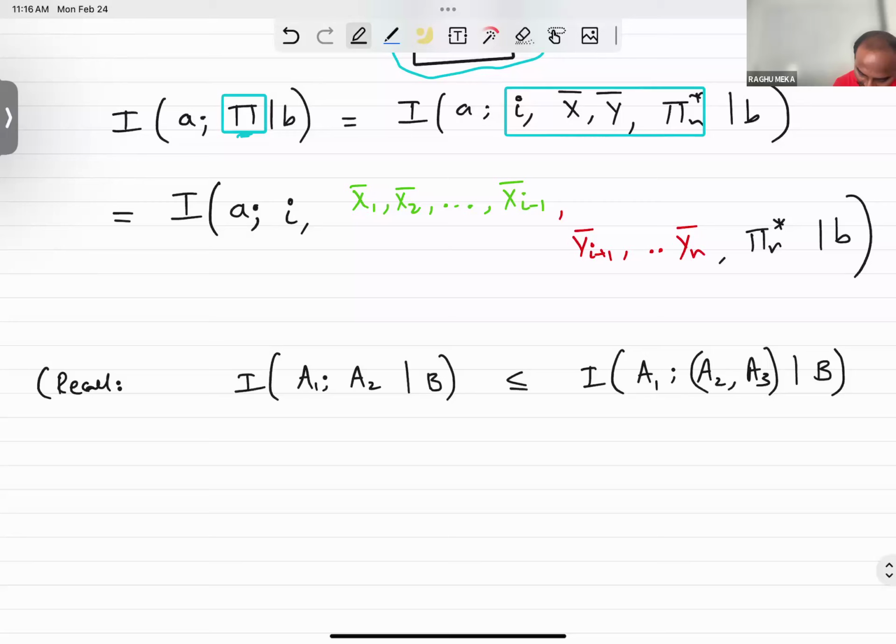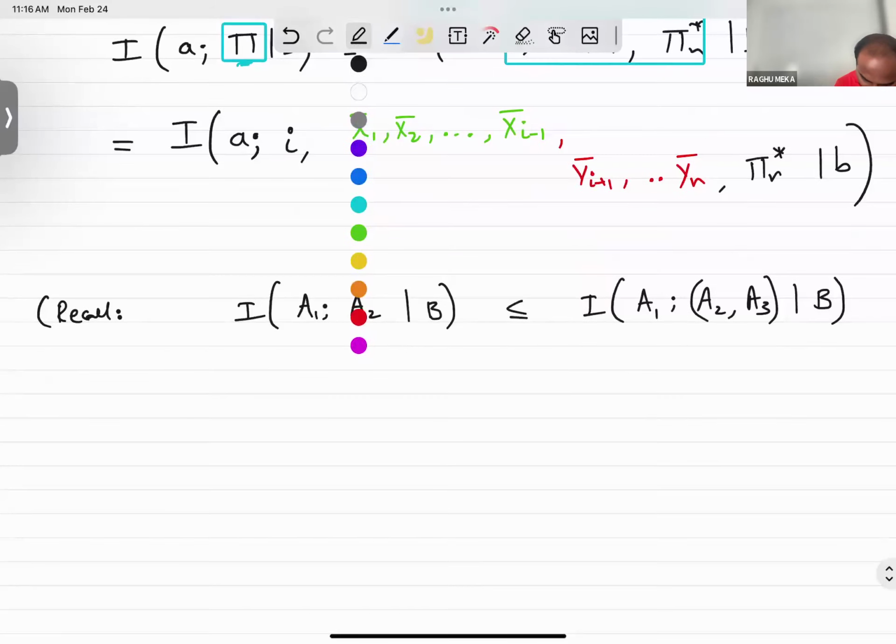So I'm adding more stuff. So what does this mean? In particular, we get this is less than or equal to... and you'll see why this is helpful in a second.